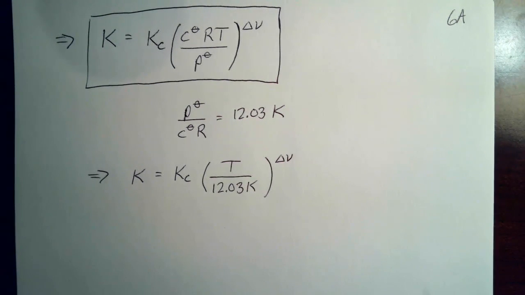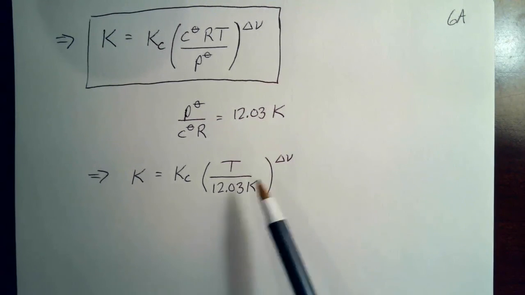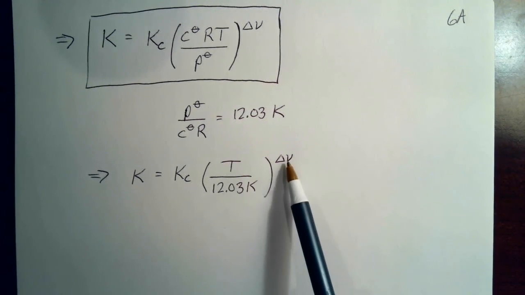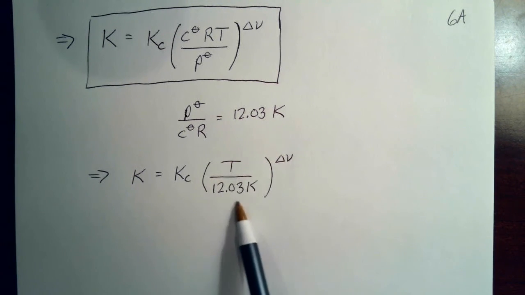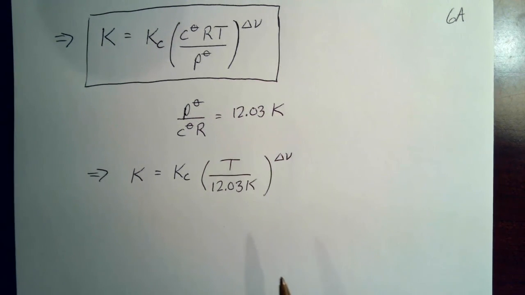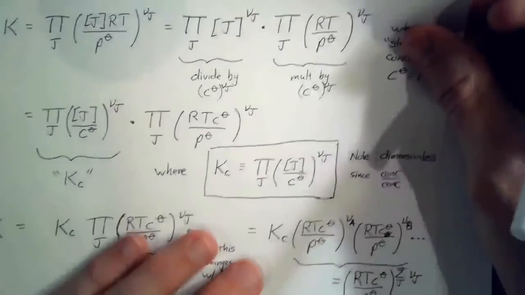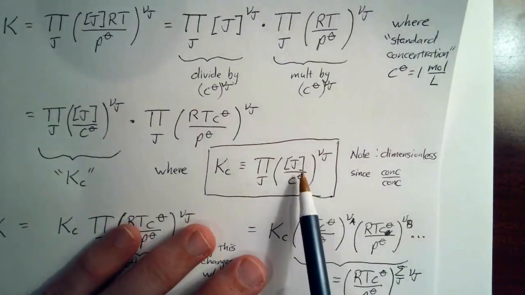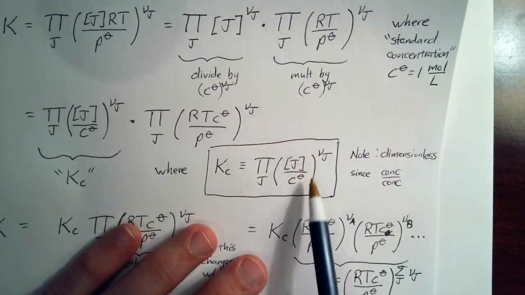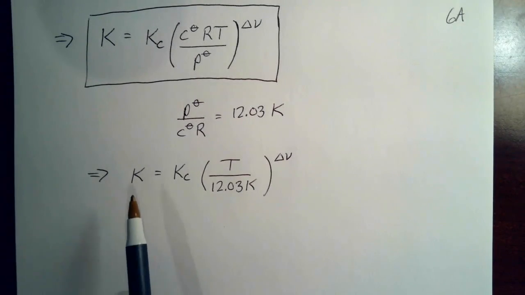So this is a pretty useful formulation for finding K. If you know the temperature and you know the chemical equation, then you can figure out what this is equal to, no problem. And Kc is defined in terms of the concentration. So if you know the concentrations, then you can find K, or vice versa.